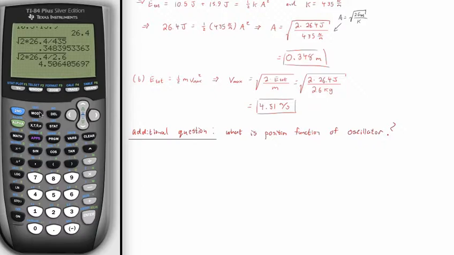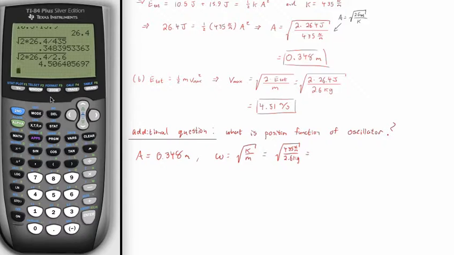So let's then see, we've solved for some key information. We can also solve for omega, right? So we already know that the amplitude is 0.348 meters. Omega is simply going to be the square root of k over m, okay? So that's going to be the square root of 435 newtons per meter divided by 2.6 kilograms.